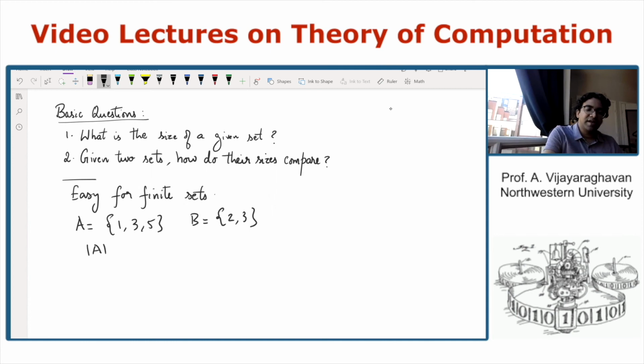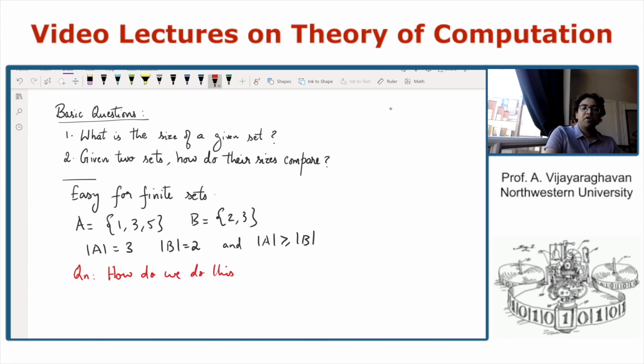The size of set A is 3, the size of set B is 2, and A has size larger than B. The main question that we'll try to understand in this series of videos is how do we do this for infinite sets?